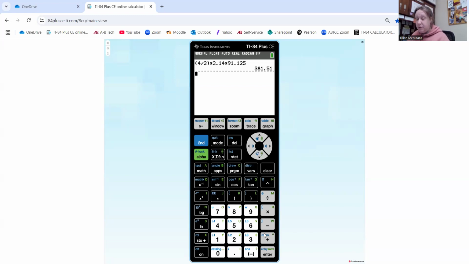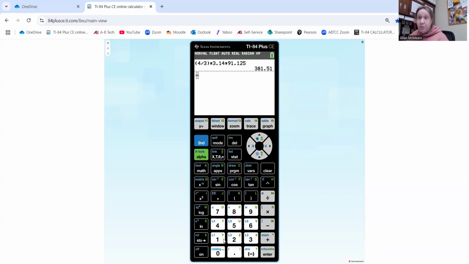Another way you could type in the 4/3 is this. On your graphing calculator, you're going to have this green alpha button. If you hit the alpha button and then the y equals button, it's going to pull up a fraction menu. We want to choose option 1, which does the numerator over the denominator. You either hit enter or hit the 1.